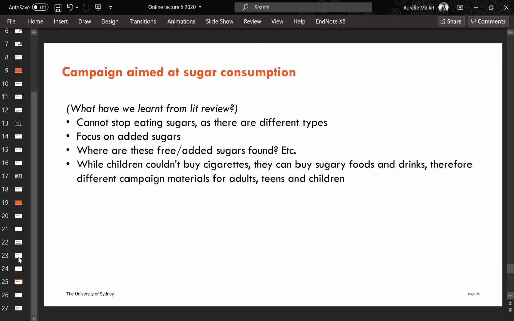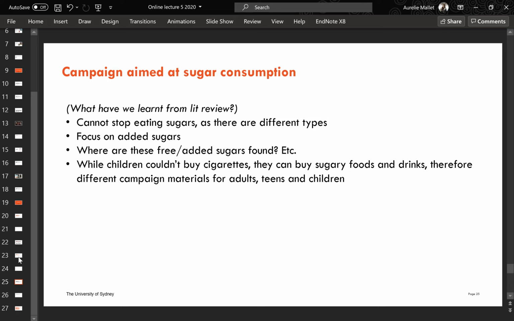And we also need to consider that this campaign would have to have materials to address children specifically. So when it came to the NTC, children weren't able to buy cigarettes, so there was no need to create campaigns for little 5-year-olds telling them not to smoke because they can't buy cigarettes.